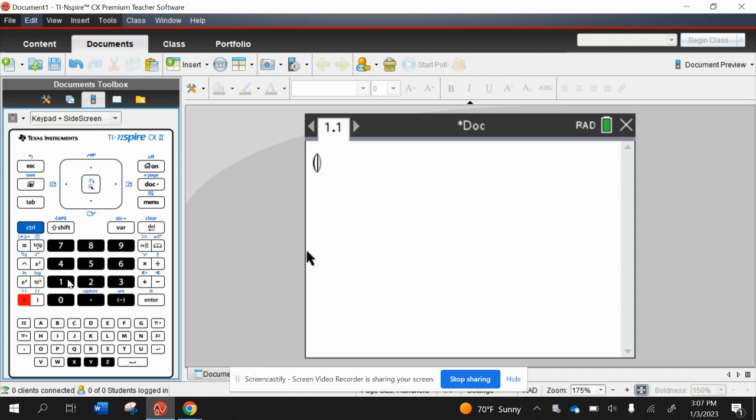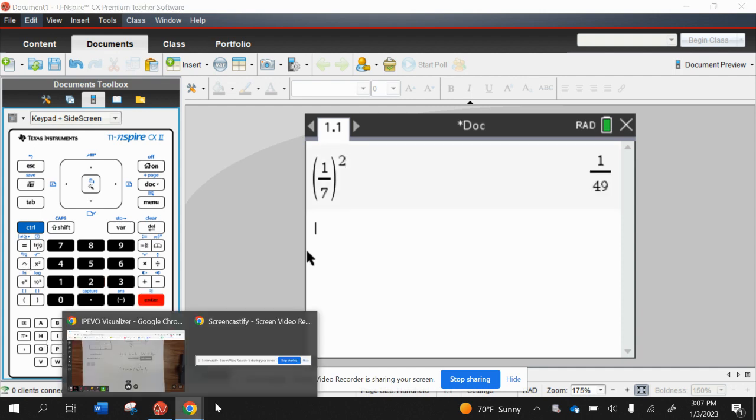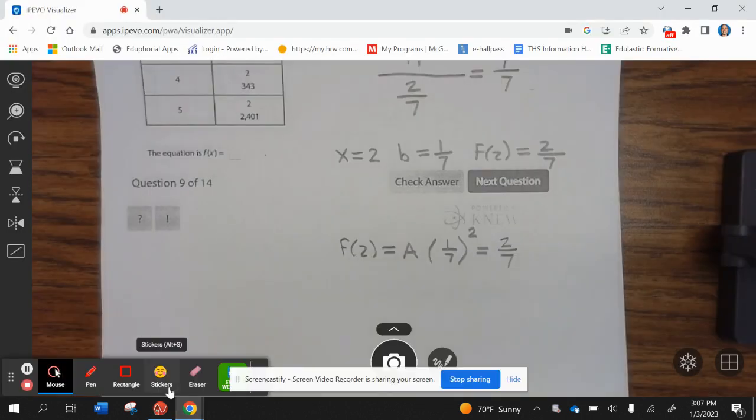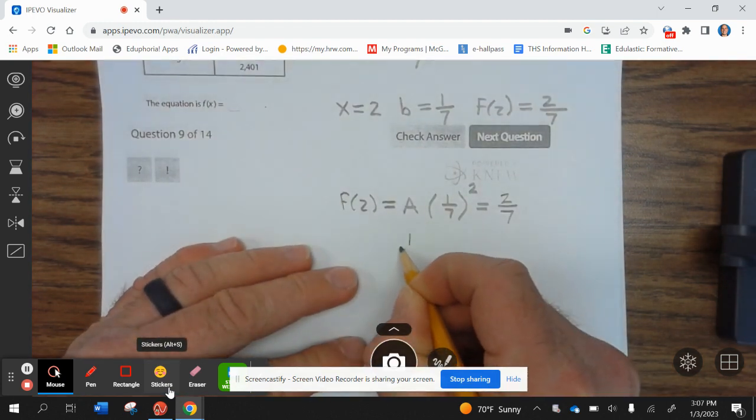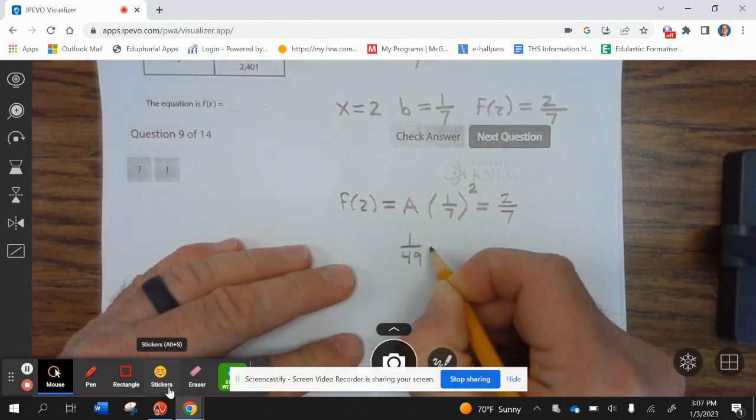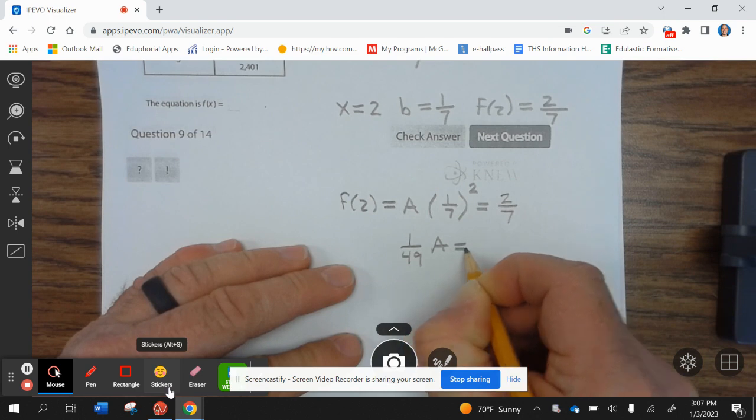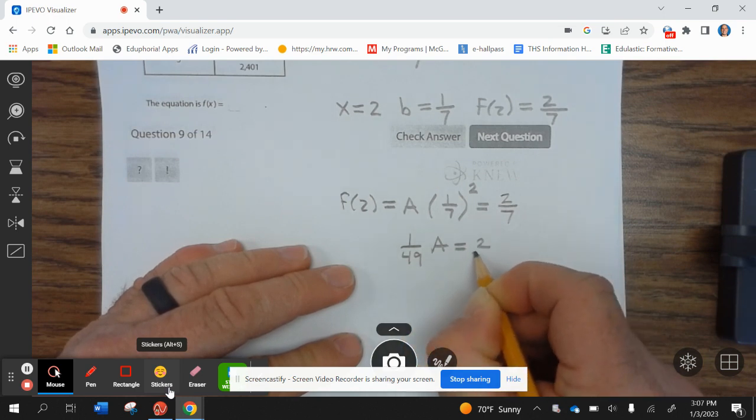So parentheses Control Divide 1 divided by 7 squared is 1 divided by 49. So that's 1/49 a equals 2/7.